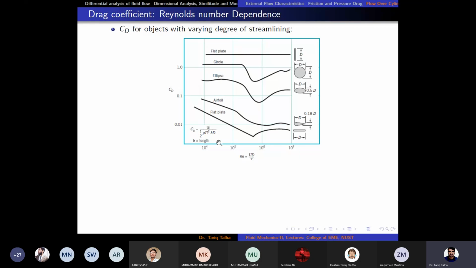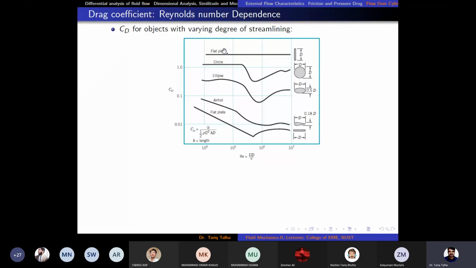If you see in the 10 to the power 4 to 10 to the power 6 range, this is a straight line. It goes on as a straight line because there is no flow attachment here, no concept of flow separation delay, because the surface area available for flow attachment is very small.